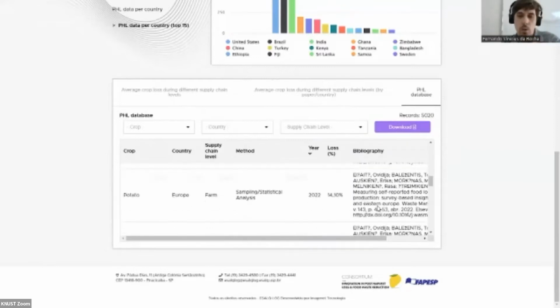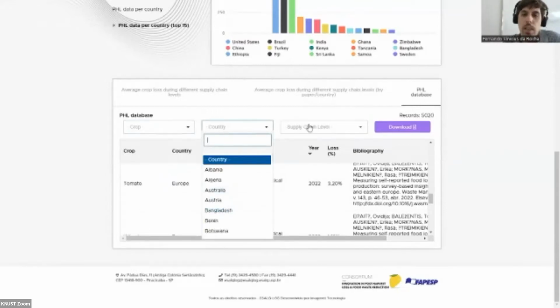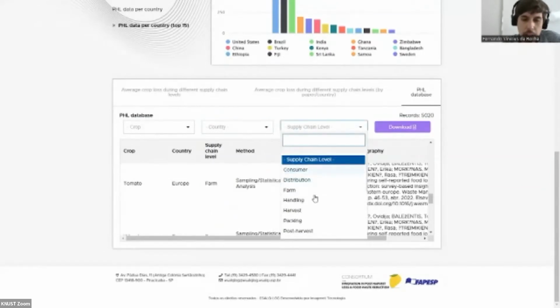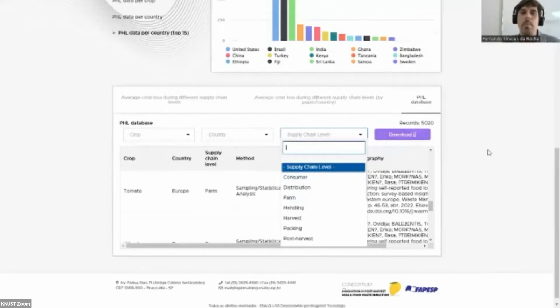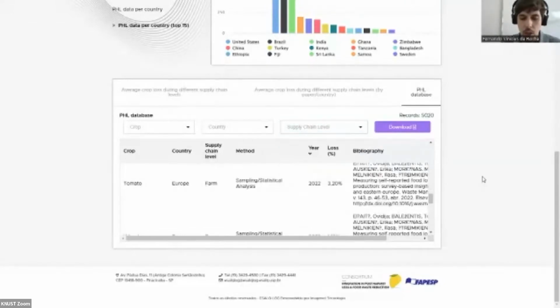You can access the whole data, and if you want, you can select some specific crop or specific countries and apply filters to select a specific supply chain level. And you can download all this database. So that's the main idea of SciPoc: to provide and consolidate information, with a few examples of analysis, to whom is interested in post-harvest loss data and information.